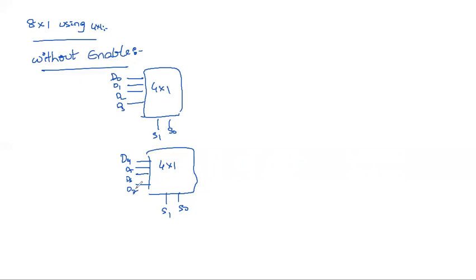This is 4 by 1. Now I want one more multiplexer, that is 2 by 1. That is S2. Then we get F. This is the 8 by 1 using 4 by 1 and 2 by 1.